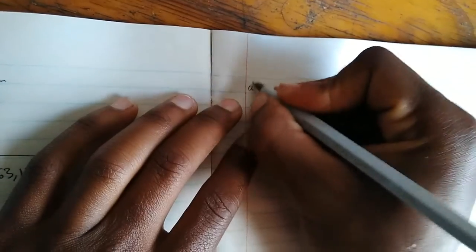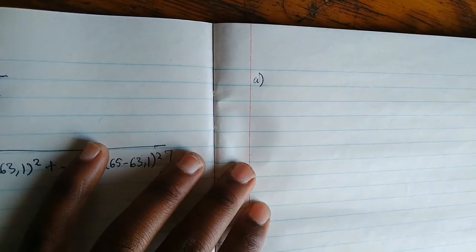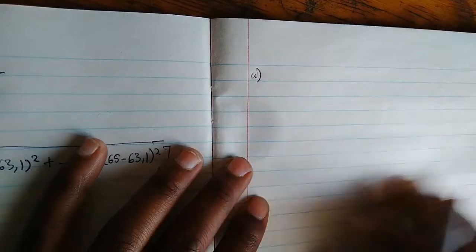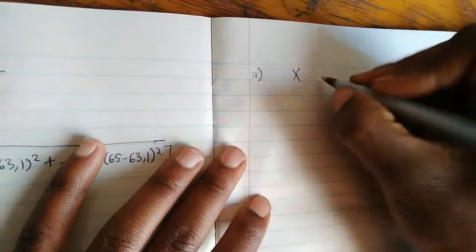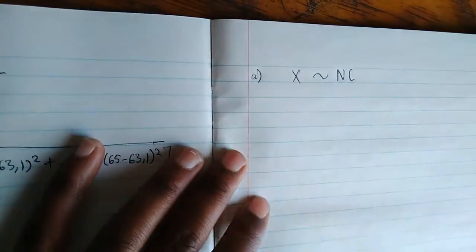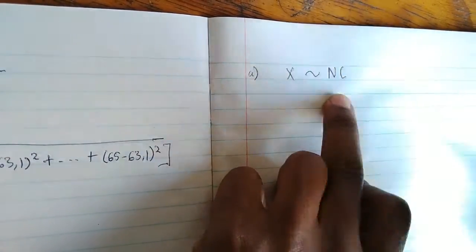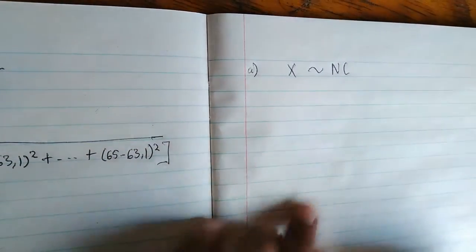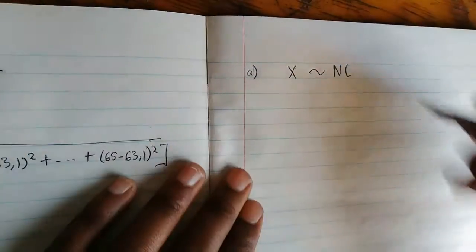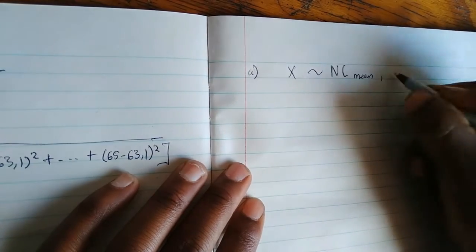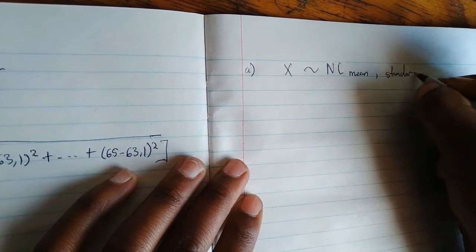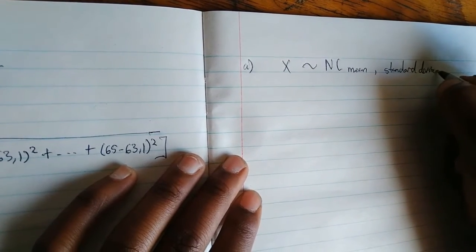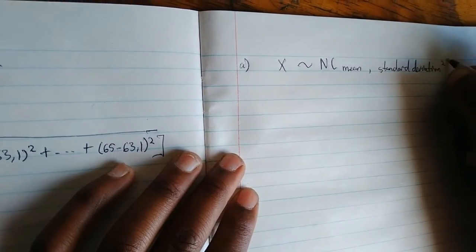On this one, we are going to say A. Our distribution is a normal distribution. So we are saying X follows a normal distribution, with mean and standard deviation squared.